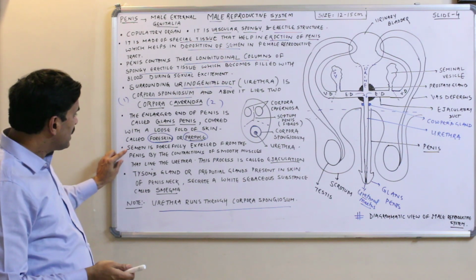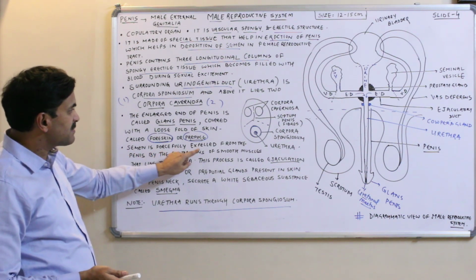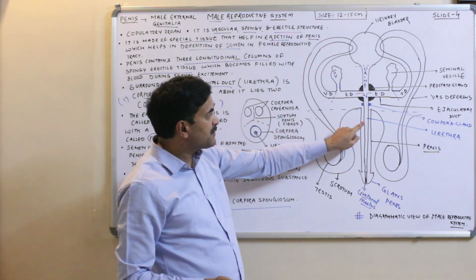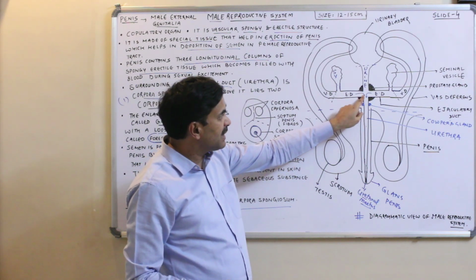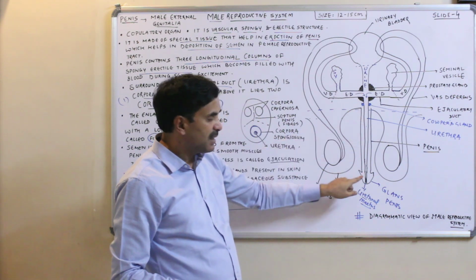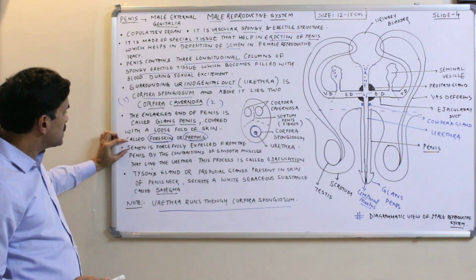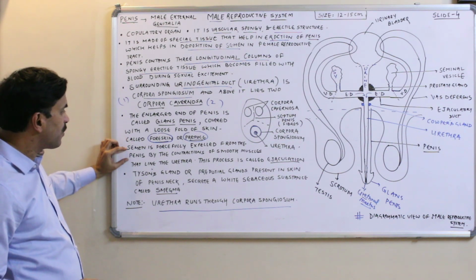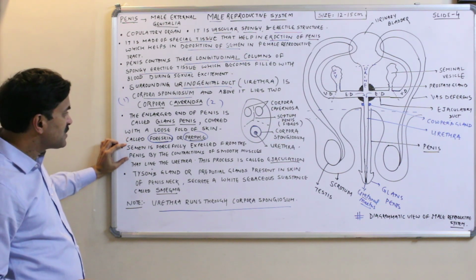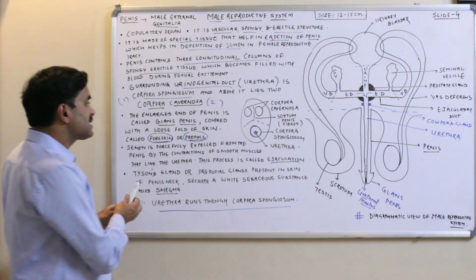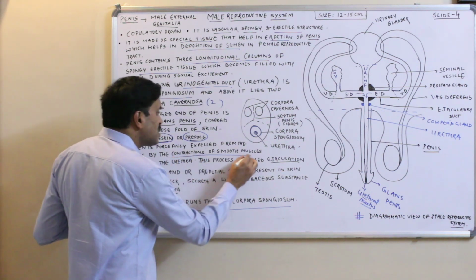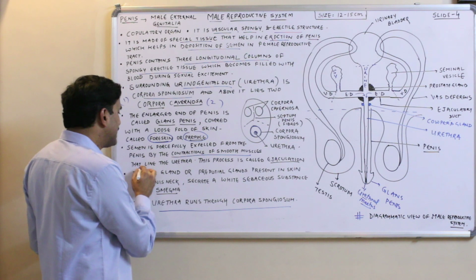Okay. Now semen is forcefully expelled. We know very well that at the time of sexual excitement, the semen is ejaculated by the urethra outside the body. Okay, so how is it expelled out? The semen is forcefully expelled from the penis by the contraction of the smooth muscles that line the urethra.